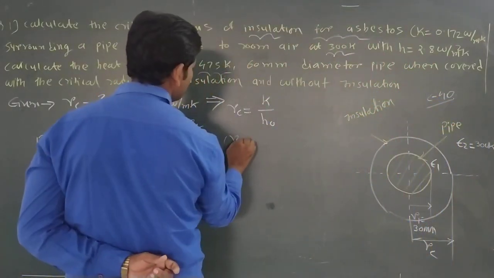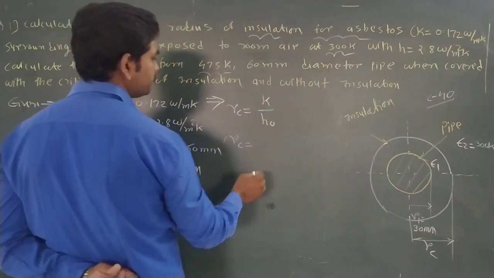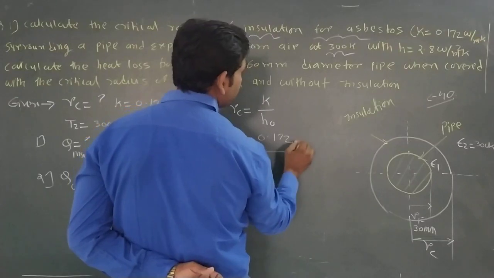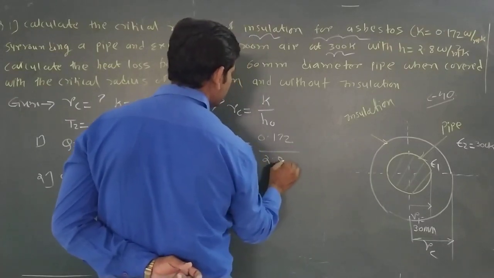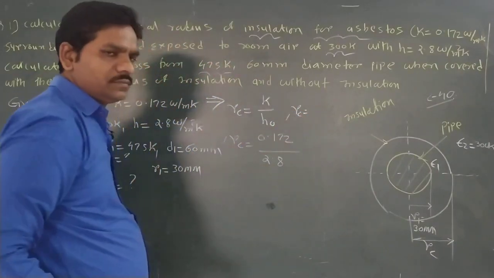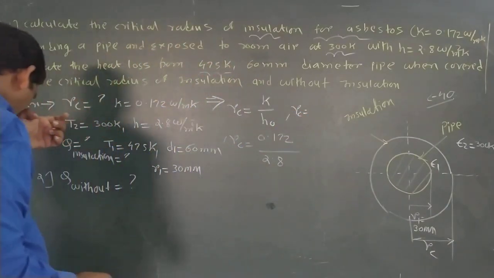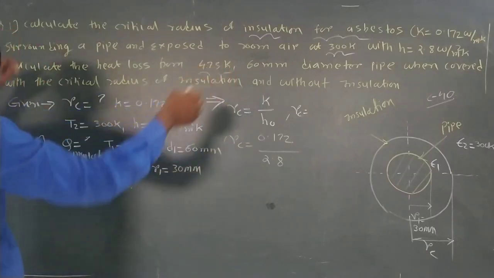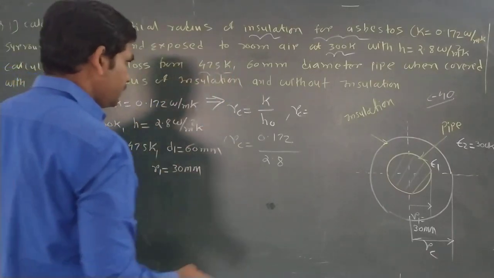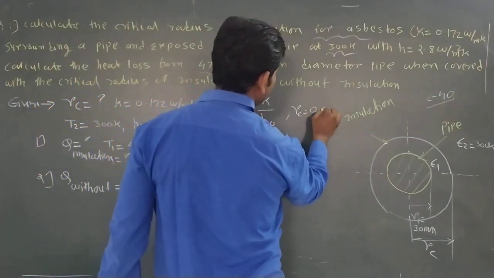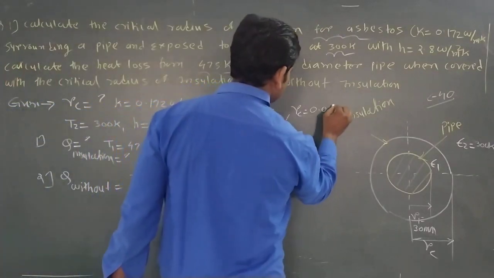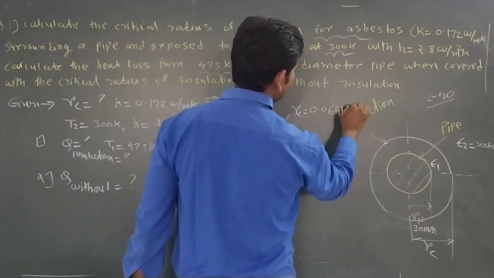So RC is equal to K, 0.172, divided by HO, 2.8. So how much RC? Do the calculation. So we get RC here as 0.06413 meters.